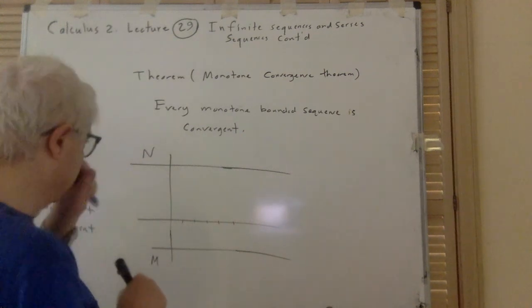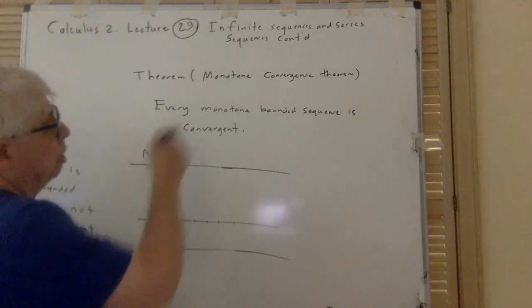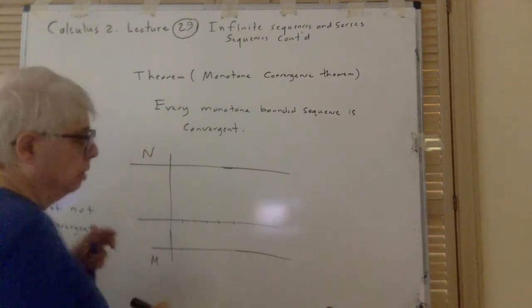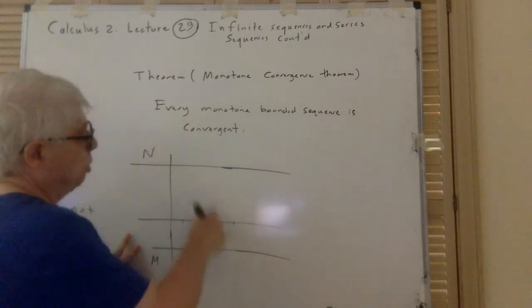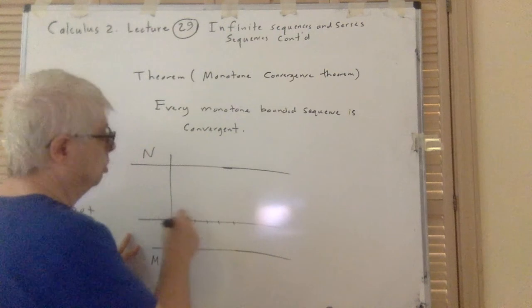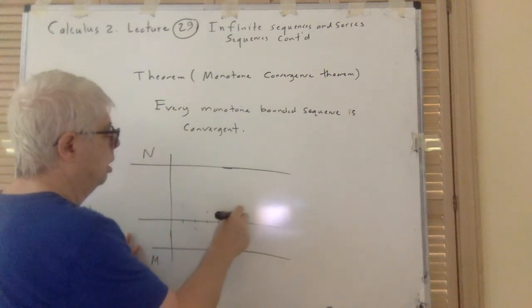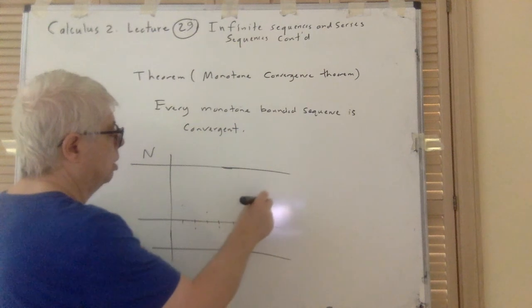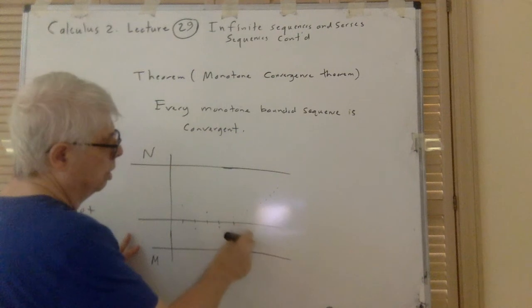So what makes that bounded sequence convergent? If it's either always going up, not always, but it can start going up or down at some point. So it might jump up and down, then start going up or down. So let's say it's like this, and then suddenly it is like this, or like this.